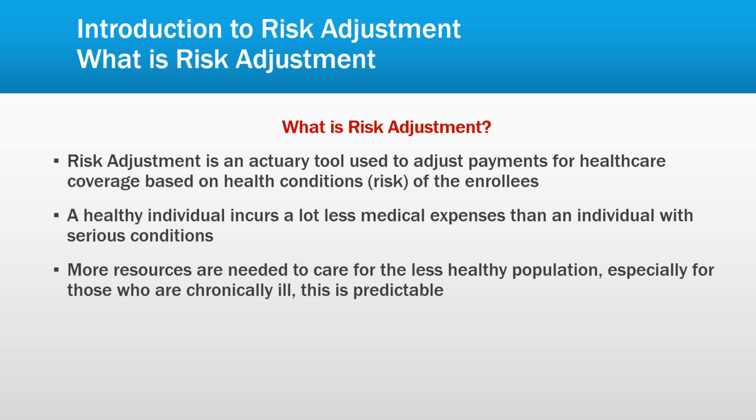A healthy individual incurs a lot less medical expenses than an individual with serious conditions. But again, when we're measuring risk and redistributing risk, this is not about an individual. This is about a population. More resources are needed to care for the less healthy population, especially for those who are chronically ill, and this is predictable through predictive modeling.